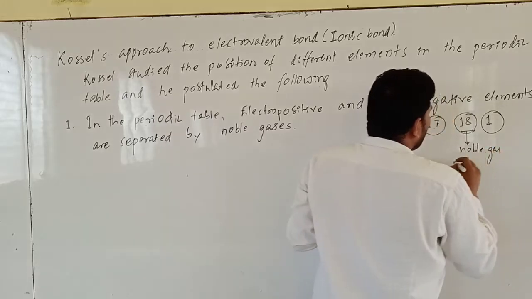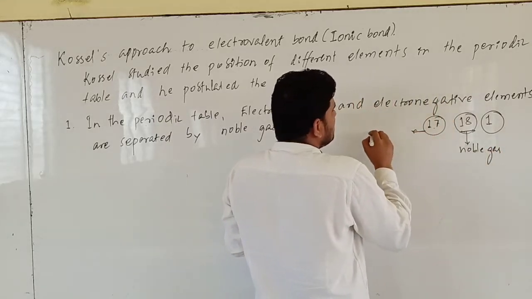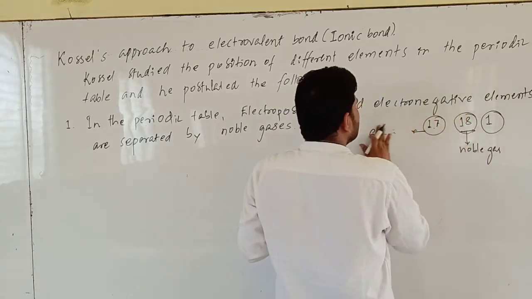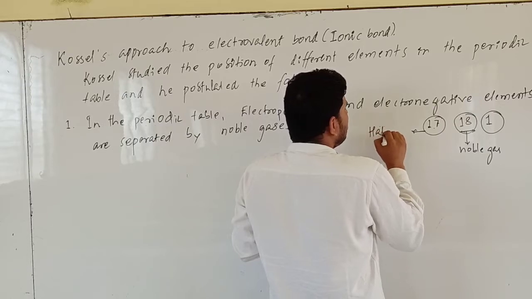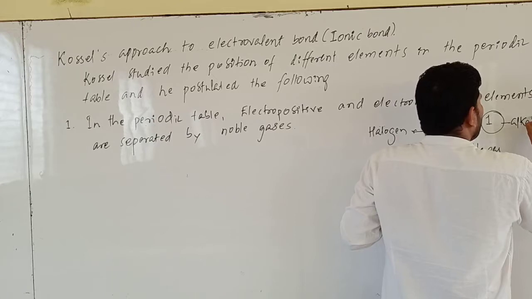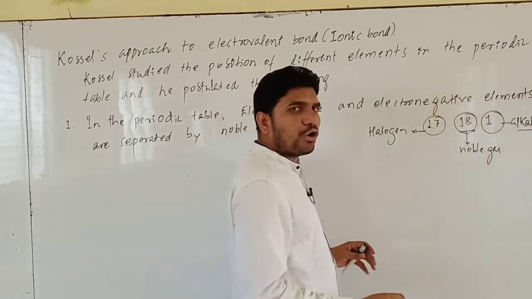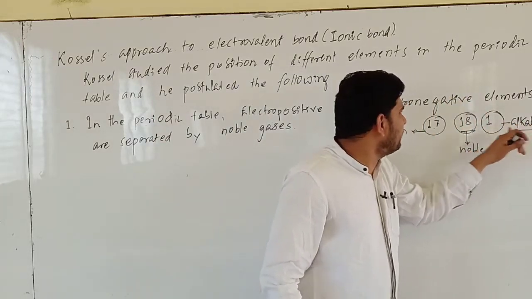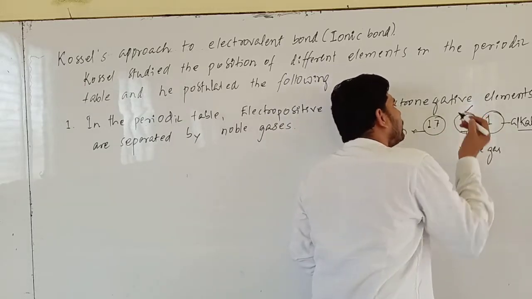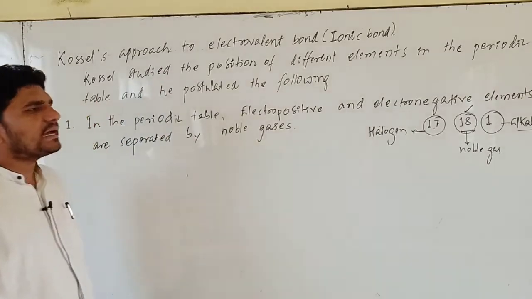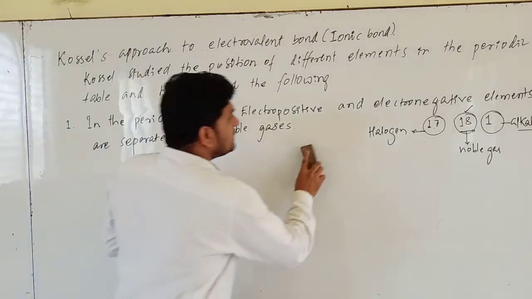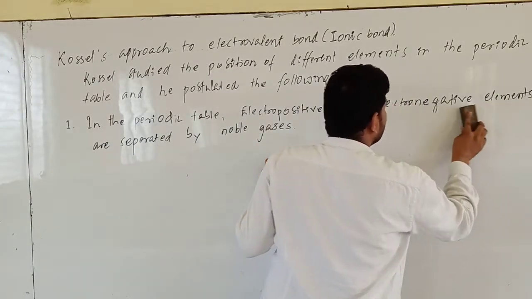So group 1 alkali metals and group 17 halogens are separated by the group 18 elements, the noble gases. Exactly, he is right.